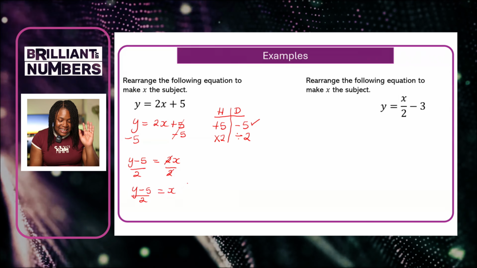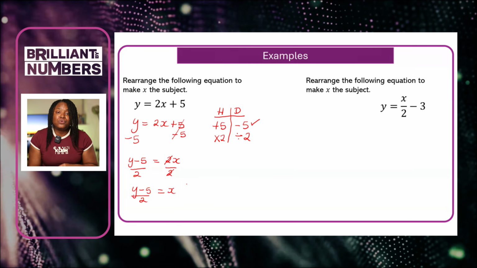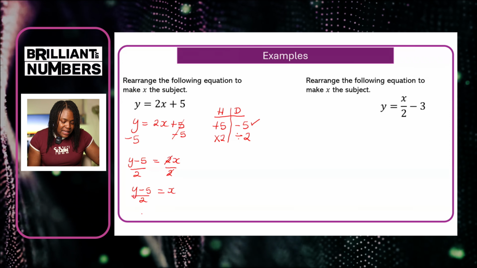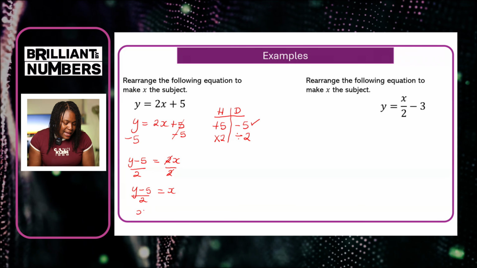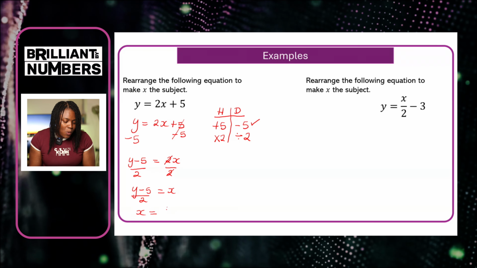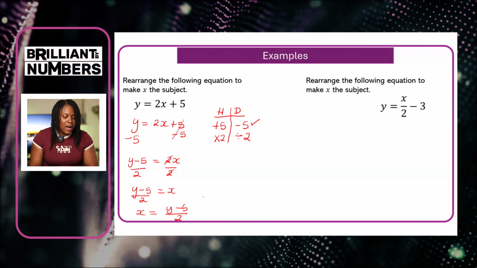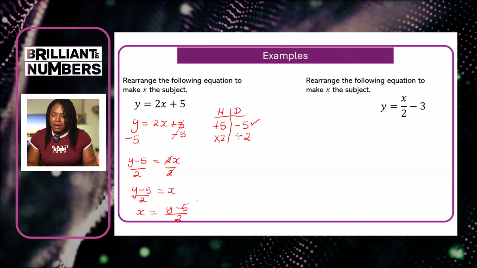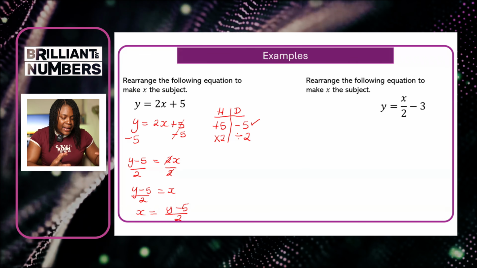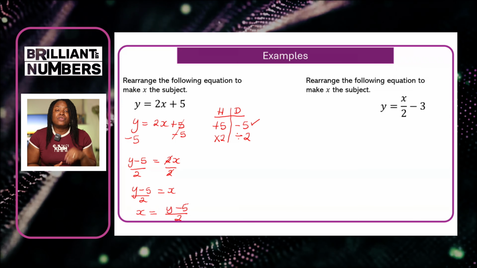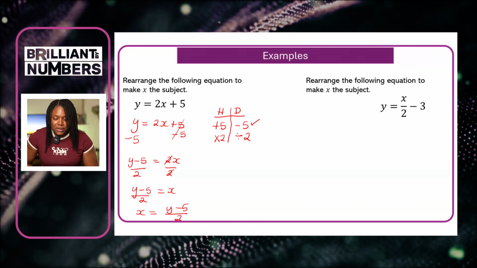We can see that x is on its own, and also we can rewrite it, putting x on the left hand side. So I'm just going to rewrite it. X is equal to y minus 5 divided by 2, or y minus 5 halves. Beautiful. Now I can see x is on its own. It is now the subject of the formula.